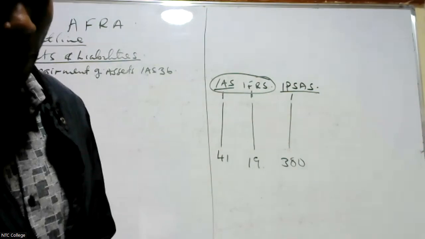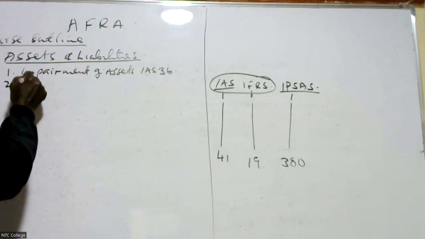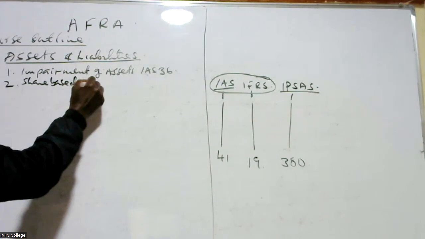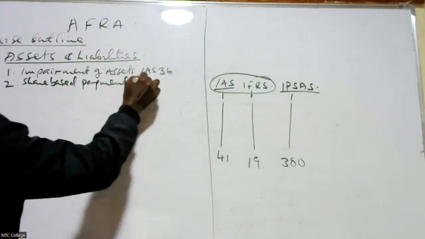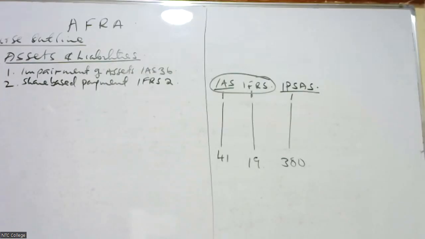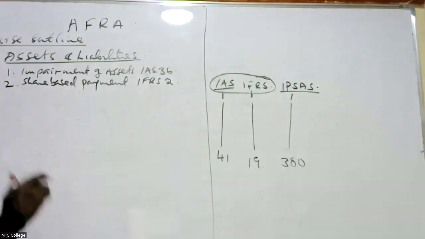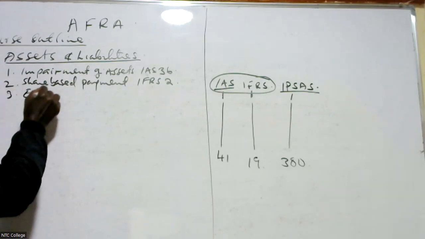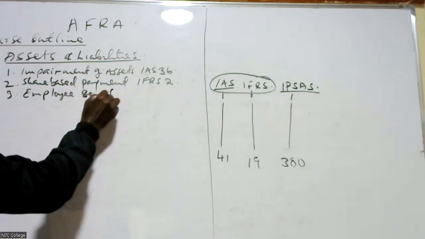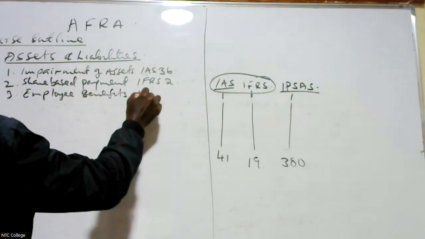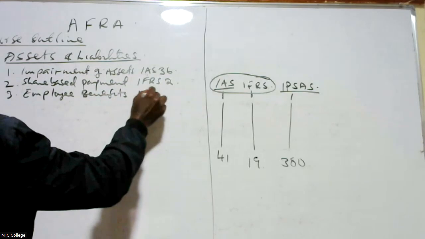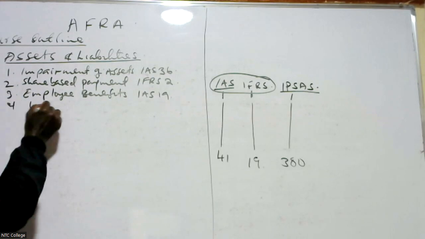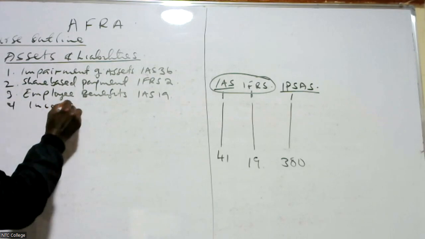Now let's move to here. Number two is share-based payment transactions. Share-based payment, that is IFRS 2. Also, we have number 3, employee benefits. Employee benefits, that is under assets and liabilities, IAS 19. Then we have number 4, income taxes.